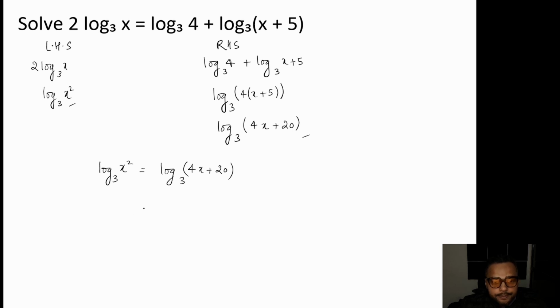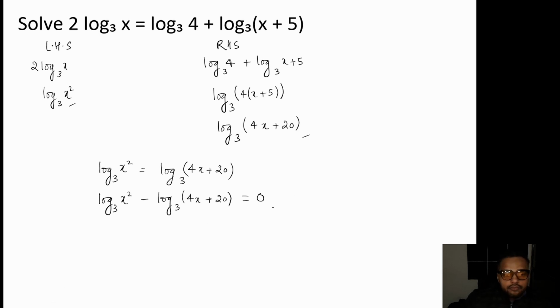Now what we'll do, we'll take a term from the right hand side to the left hand side. So log base 3 of x square minus log base 3 of 4x plus 20. I've taken the right hand side to the left hand side, so it will be negative, equals log 0.